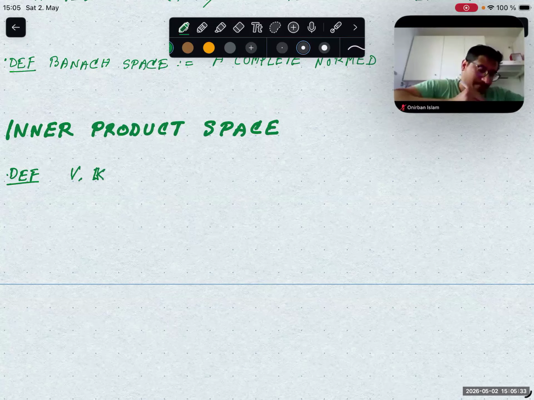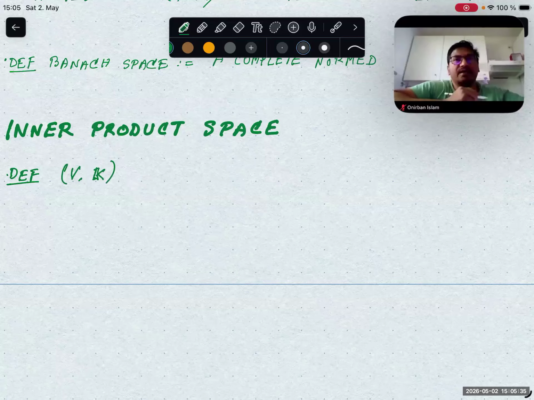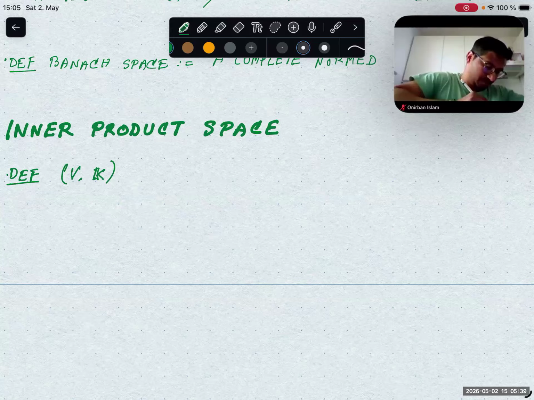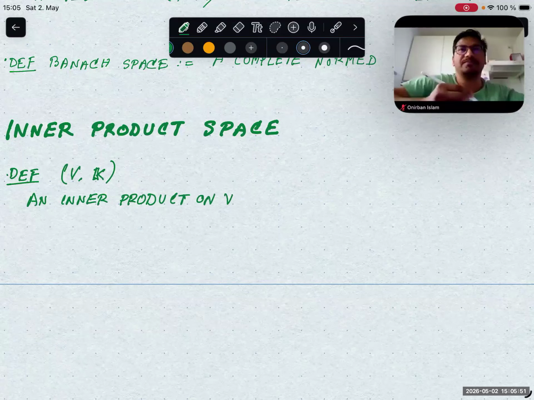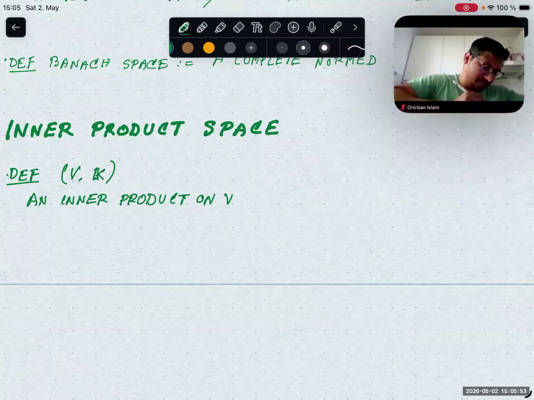and by an inner product on V, an inner product on V is a map. There are several notations.